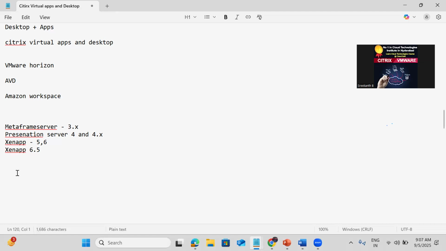Okay, then coming to XenDesktop, 5.6 is the last version. XenDesktop 4, 5, 5.6, like this we have.